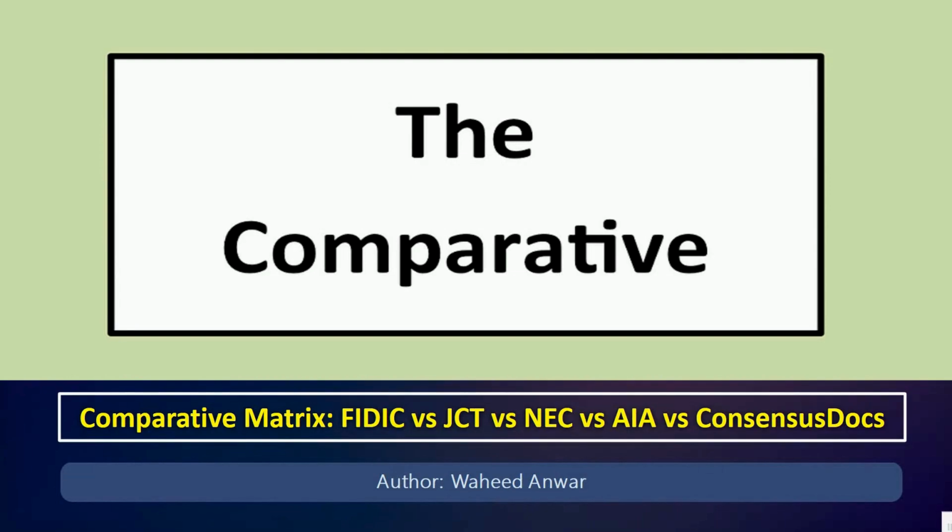Each of these contracts is widely used in different parts of the world and each one has its own philosophy, approach to risk, and procedure for handling extension of time, claims, and dispute resolution. By the end of this video, you will clearly understand how these contracts differ and which one suits what kind of project environment.